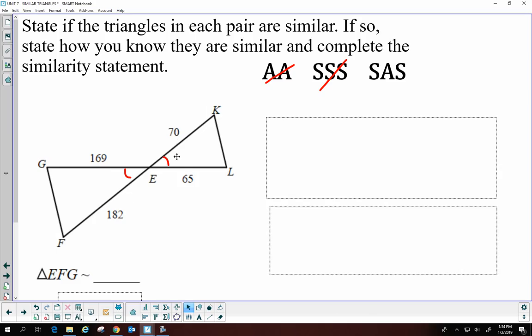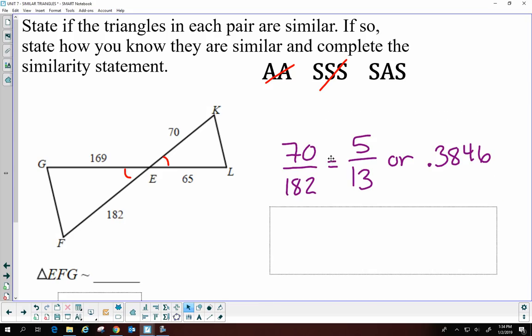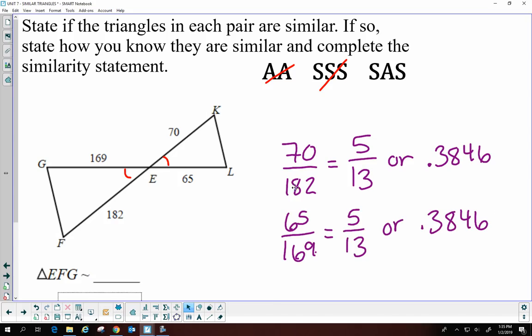So 70 is the bigger side in this triangle, 182 is the bigger side in this triangle, so I'll write that fraction, and I'll do 65 with 169. Both of those fractions simplify to be 5/13. If you don't have a calculator that can do that with you, you can just check to see that their decimals are the same, and they are.